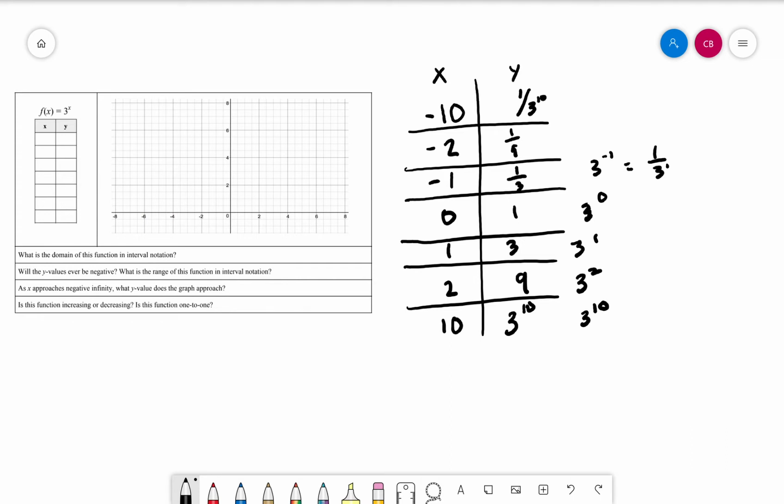Since 3 to the 10 is a big number, it's 3 to the 4th times 3 to the 4th times 9, so 81 times 81 times 9, and obviously 9 because that's 3 squared. So as you can see, this is a pretty big number. If this is a big number, then this gets increasingly big.